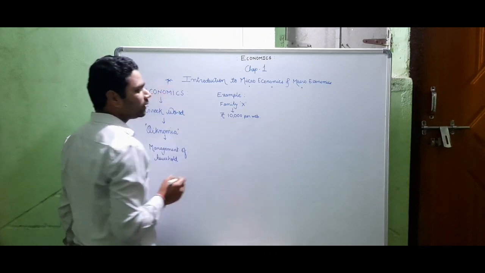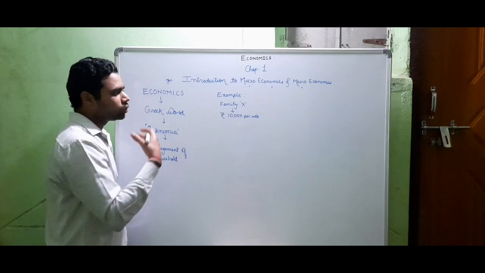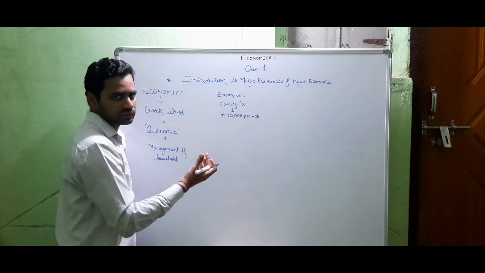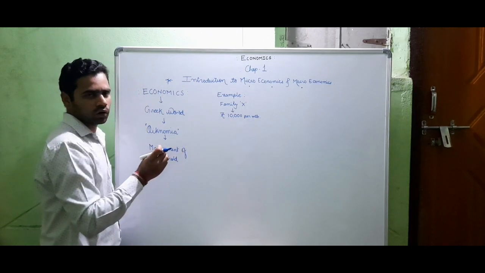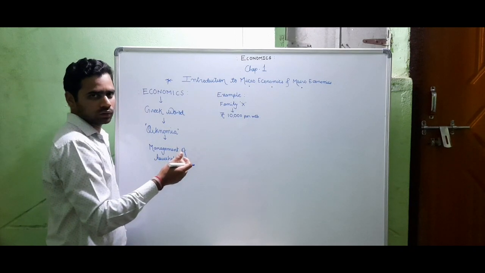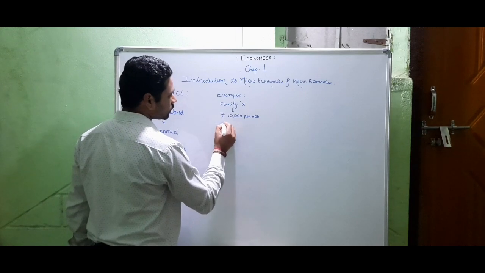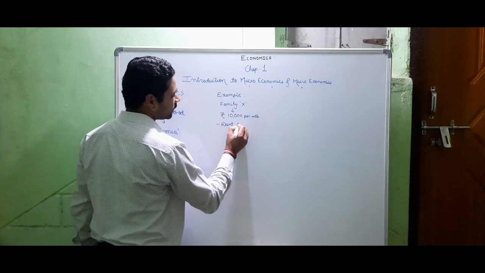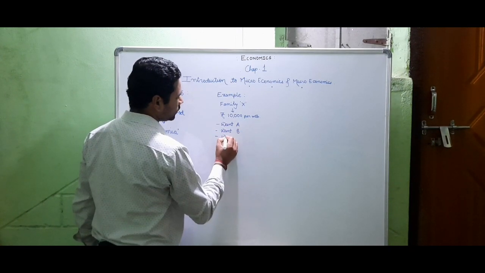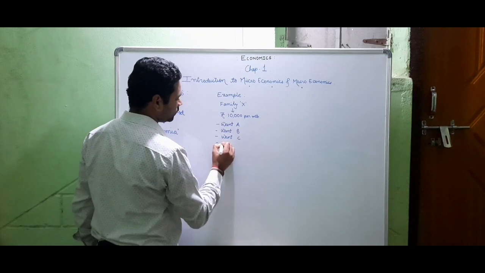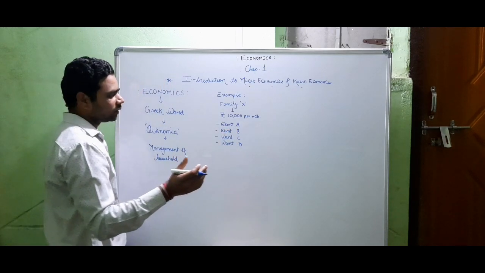Now this 10,000 rupees family X is required to spend on different things, or we can say that they're required to spend this 10,000 rupees on satisfying different wants. Okay, so that wants, we can consider it as want A, want B, want C, want D, and etc. Why?